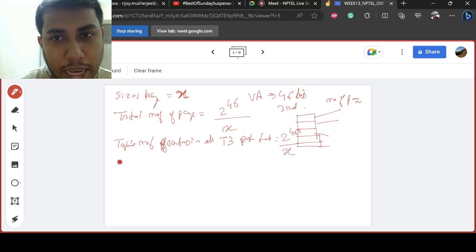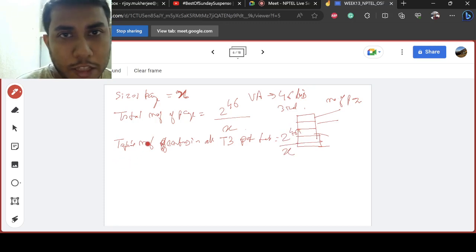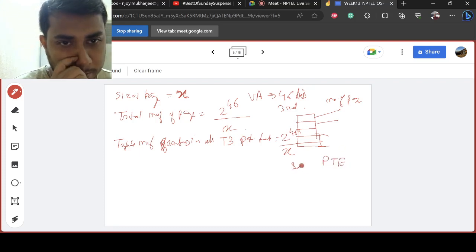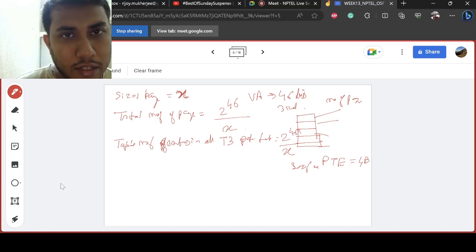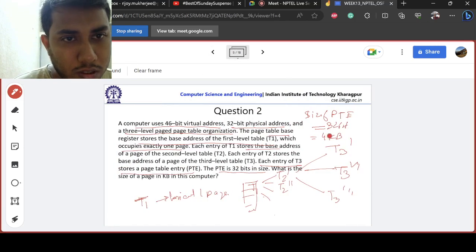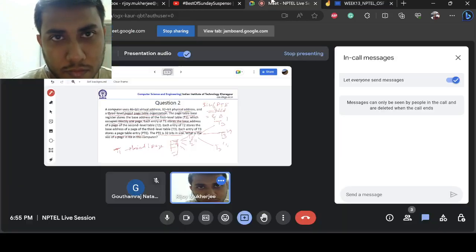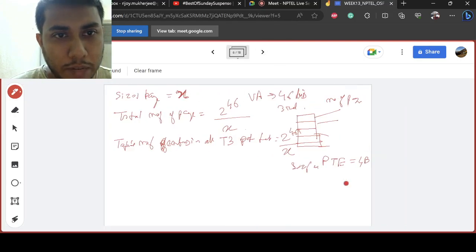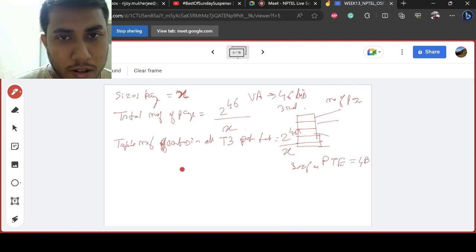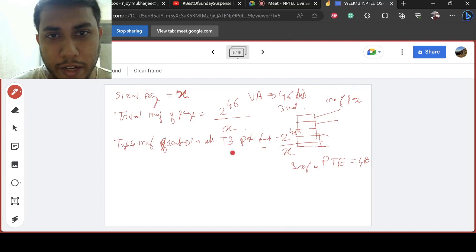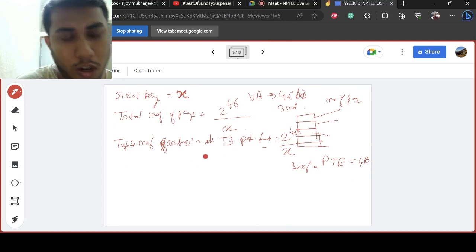Now we know the size of each page table entry is 4 bytes, since 32 bits is 4 bytes. So this is the total number of entries in all the page tables.